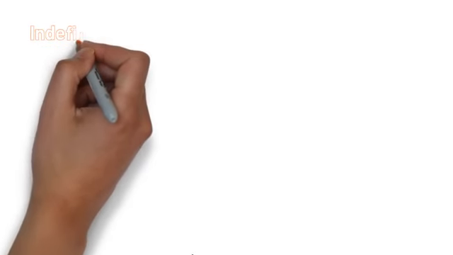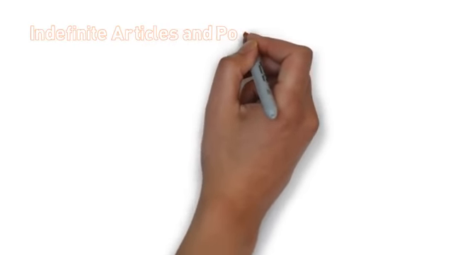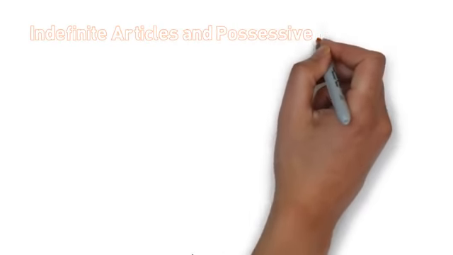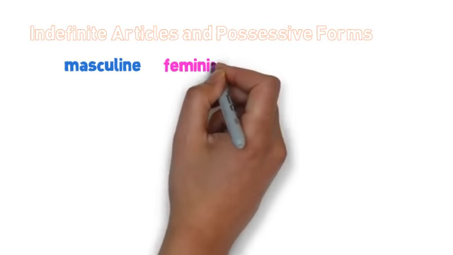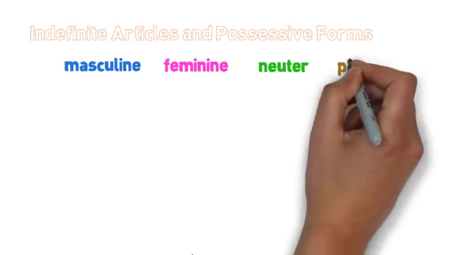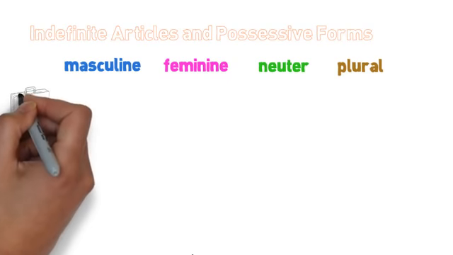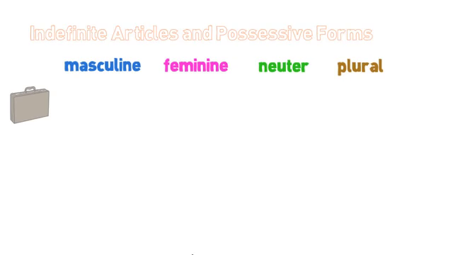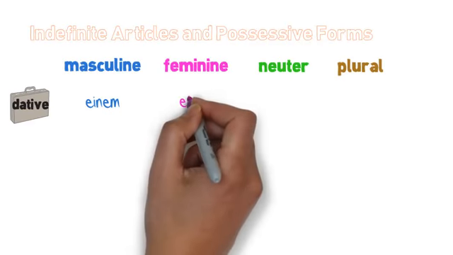Next, a quick word about indefinite articles and possessive pronouns in the dative case. Words for a, my, your, his, her, our, their, etc. The indefinite articles in the dative case are as follows. Einem for masculine, and notice the M corresponds to the M on dem.